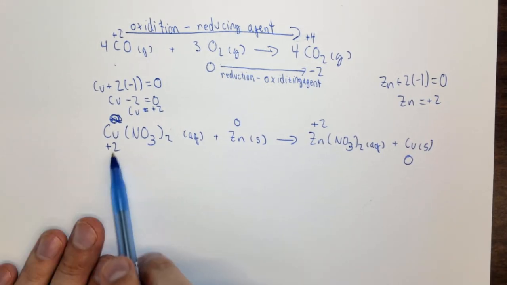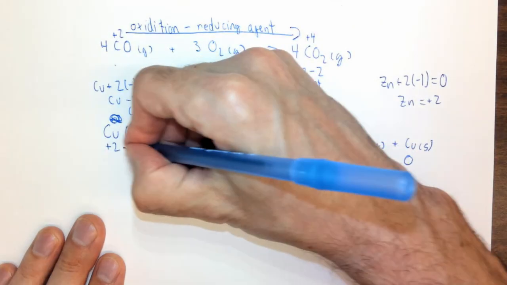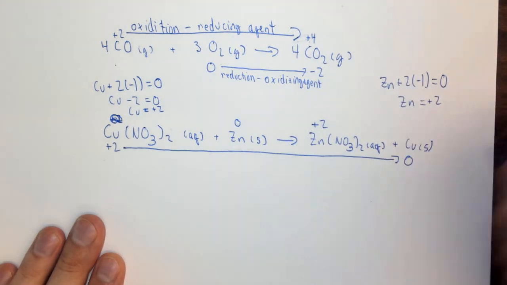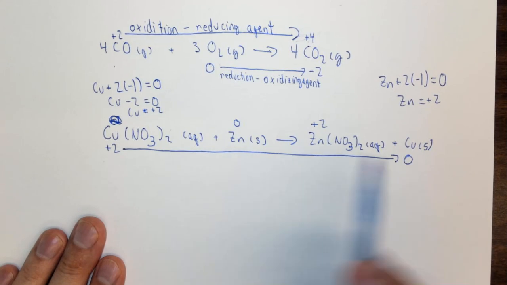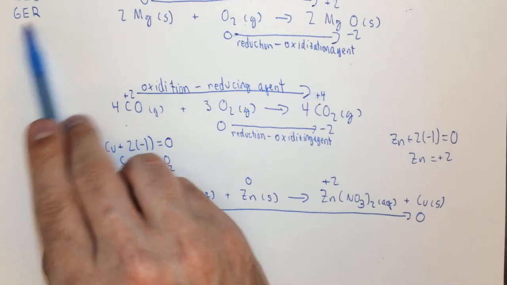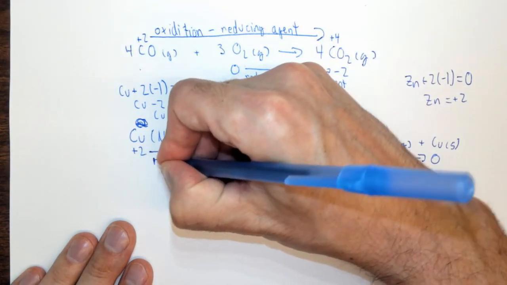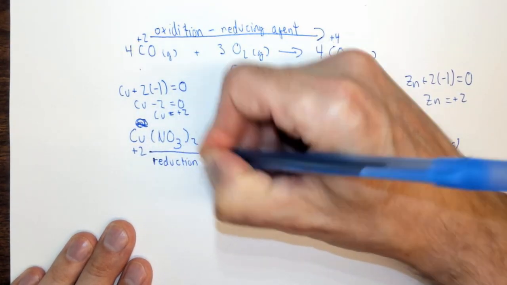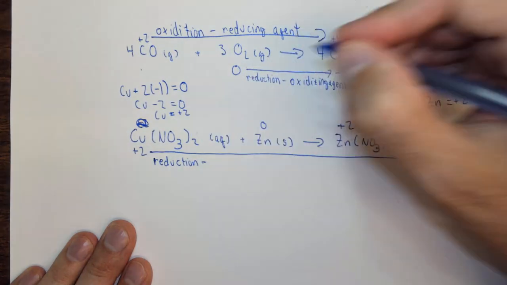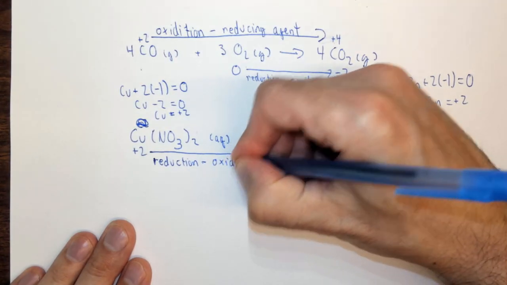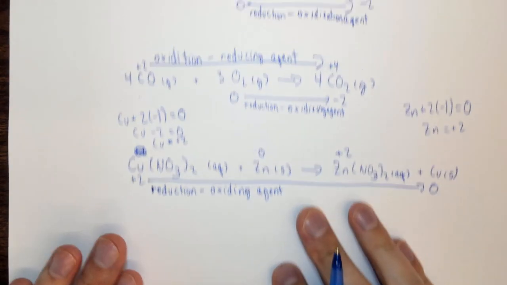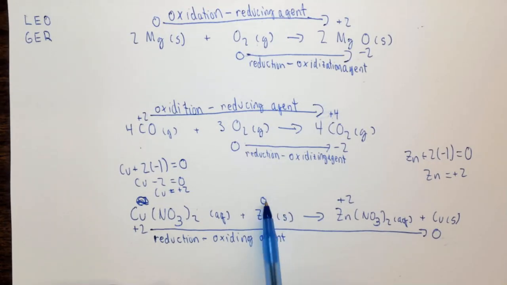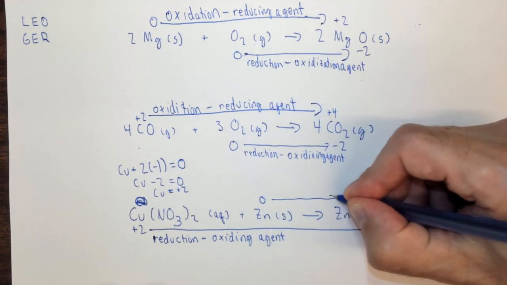So copper went from plus 2 to 0. In order for its charge to go down, it was positive 2 and now it's 0, it had to gain electrons. Gaining electrons is reduction. So this is reduction. And copper nitrate, or copper 2 plus, is the oxidizing agent. In the case of zinc, it went from 0 to plus 2. It lost electrons.